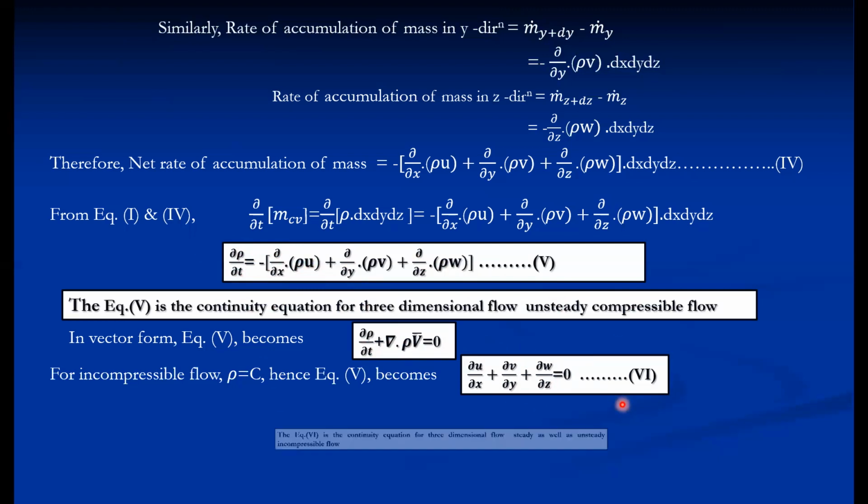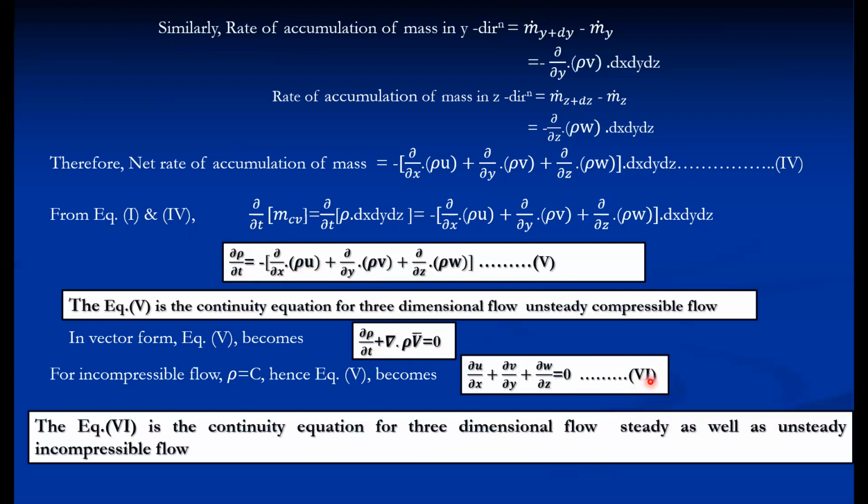That is equation number 6. So equation 6 is called the continuity equation for three-dimensional flow, for steady as well as unsteady incompressible flow, because for both steady and unsteady incompressible flow, ∂rho/∂t remains constant. So the same equation can be used for unsteady incompressible flow as well.